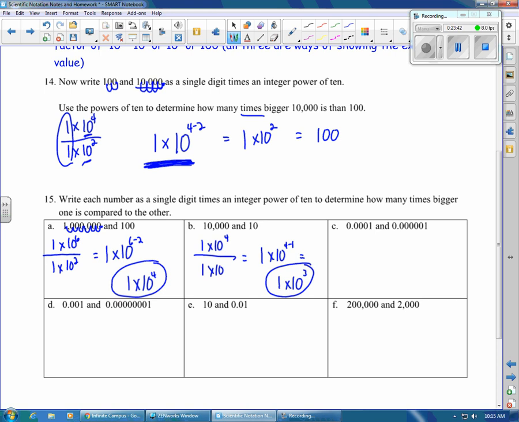Okay, so the answer is 1 times 10 to the 3rd power. Remember, if it's just 1 times 10, that has a 1 there, so I'd have to do 4 minus 1 when I'm doing the division.